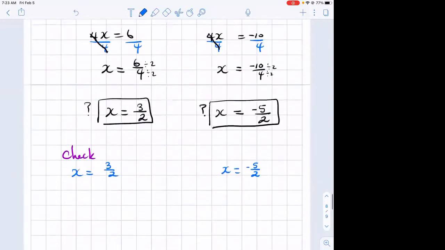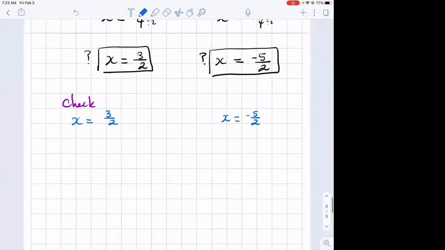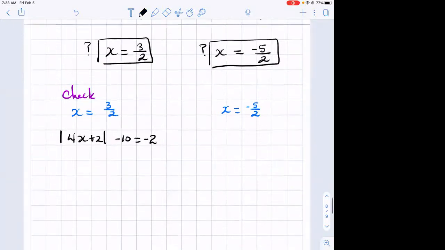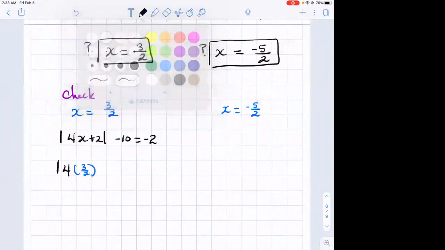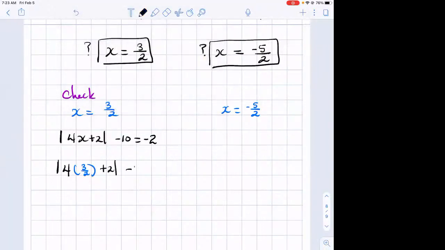Remember I said you could use either one of the equations, the simplified version or not, it doesn't matter. So if we use 4x plus 2 minus 10 is equal to negative 2, it doesn't matter. So by doing this, we have 4, instead of x, I'm going to write 3 halves, plus 2, and then minus 10. Does that equal negative 2?